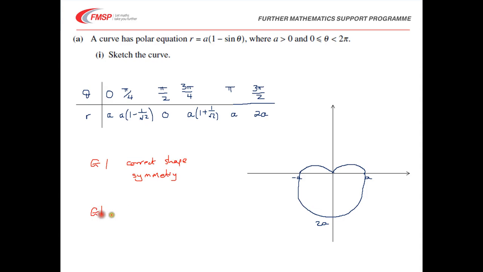And the second mark, which is dependent on the first one being correct, is correct form at the origin and no extra bits. Note that if you have a point at the bottom but it's otherwise correct, you would get G1, G0.